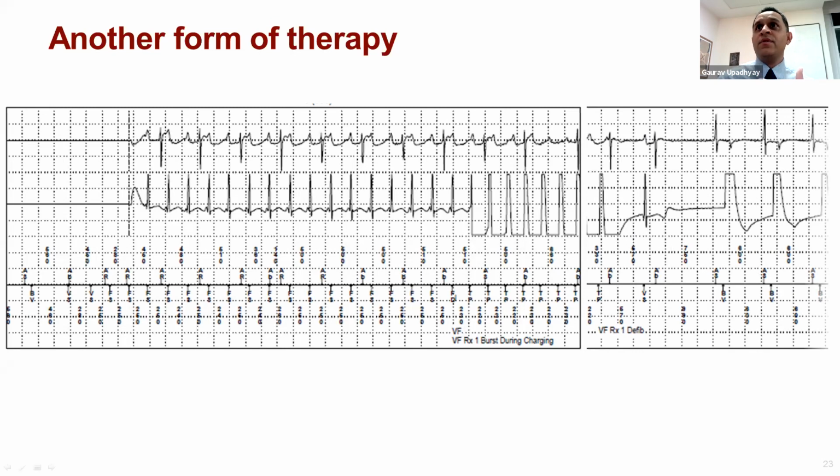After the arrhythmia is over, we see A sense followed by the pace. Everybody with me there? In this example, anti-tachycardia pacing was enough to terminate the arrhythmia. And obviously, one hurts more than the other. So if you can utilize approaches that don't require a shock, it would be beneficial.